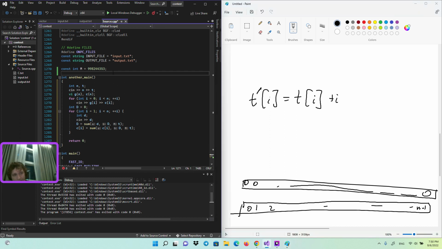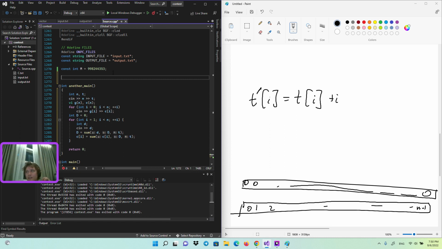Let's do it in our strange segment tree. It is like storing an arithmetic progression.